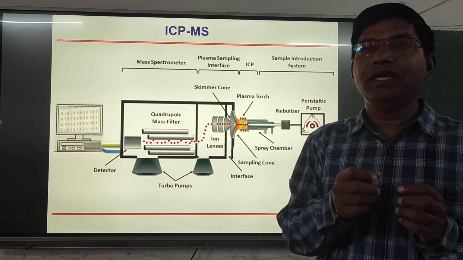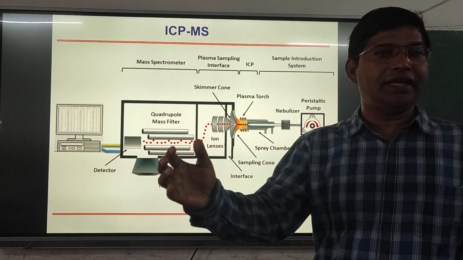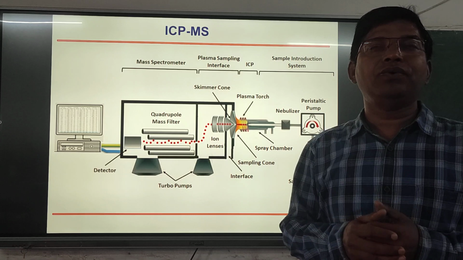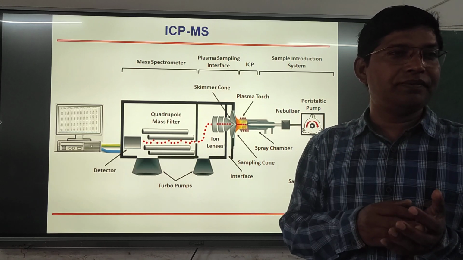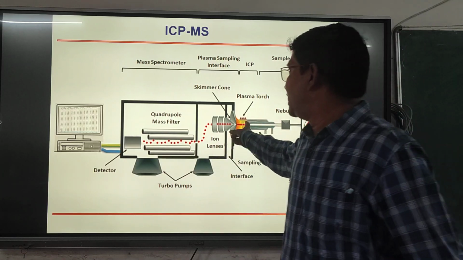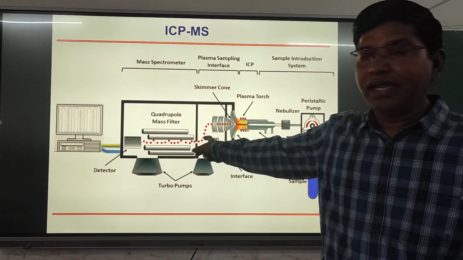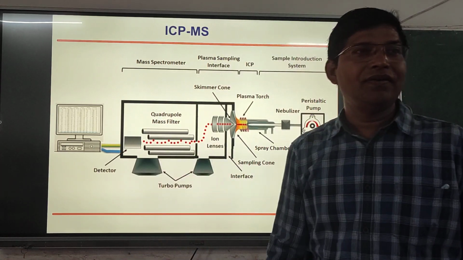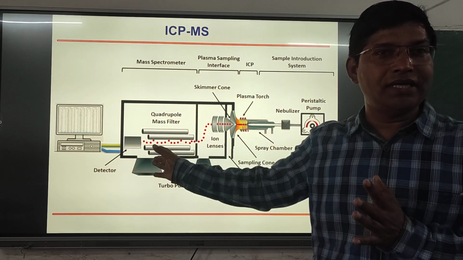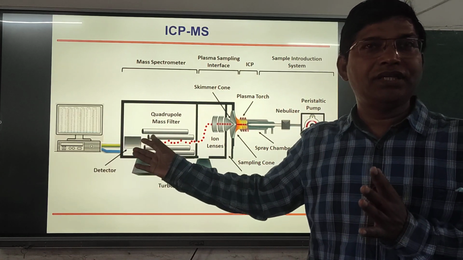That is selectivity analysis. But if you want to analyze all the elements, because this is a multi-element technique, like copper, nickel, zinc, sodium, potassium, calcium, then all the elements from your sample will get ionized, and all the ionized elements will travel through this quadrupole analyzer, and their travelling depends upon the mass by charge ratio.